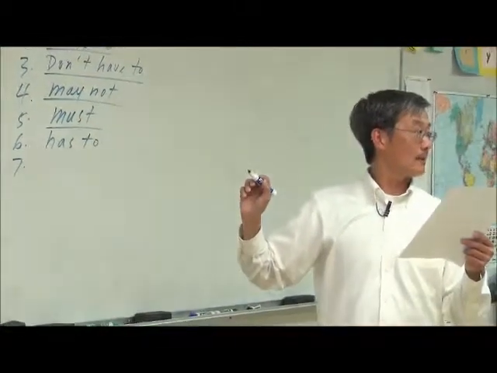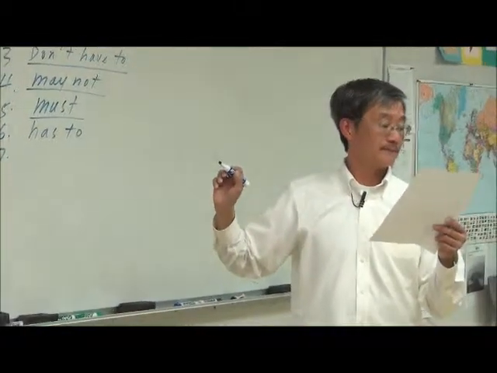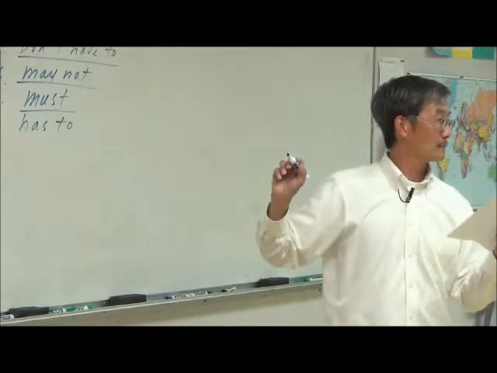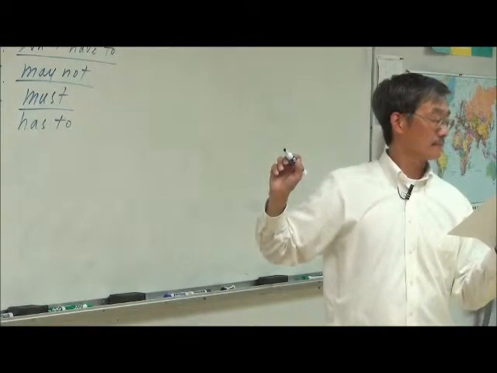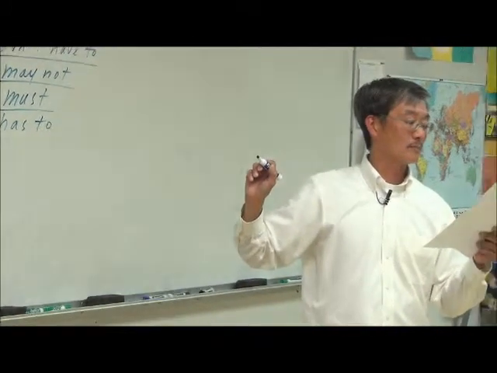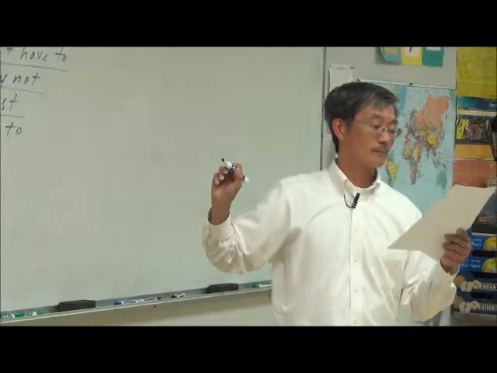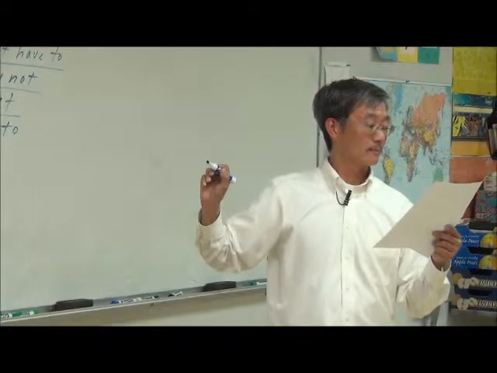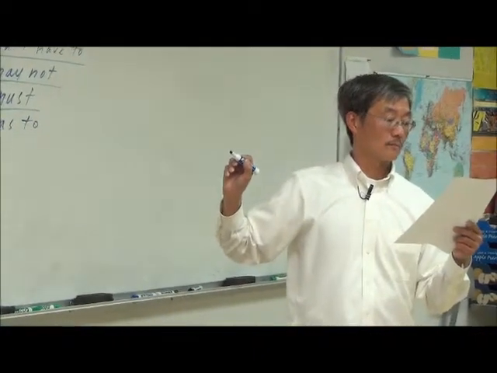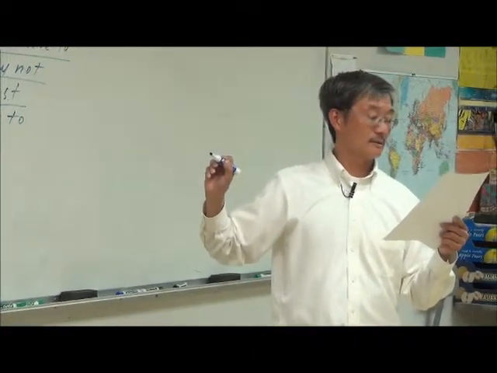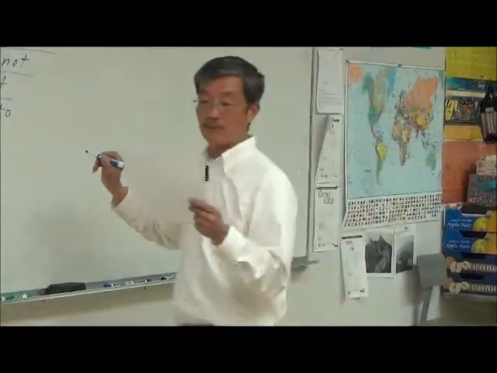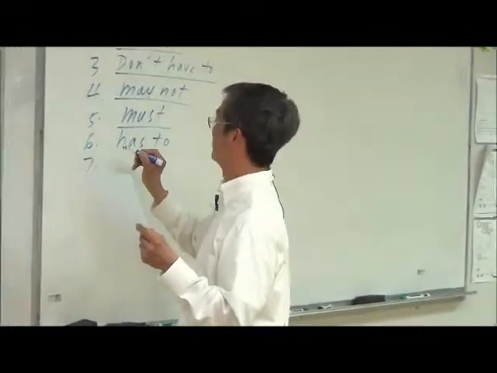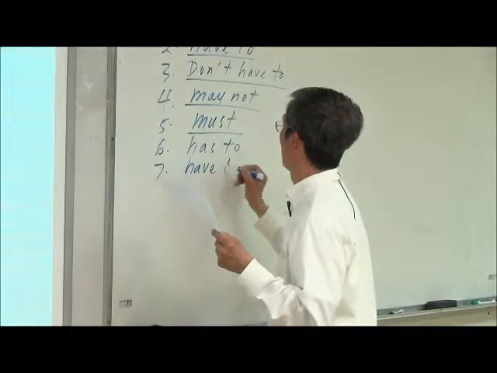Okay? Number 7, how about Wilmer? All the students at San Mateo Adult School have to support our school to maintain our educational strength in the Bay Area. Okay, so he picked have to, correct? Have to is correct.